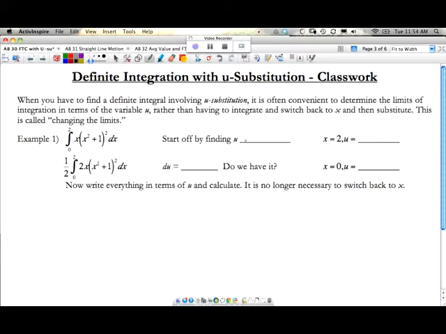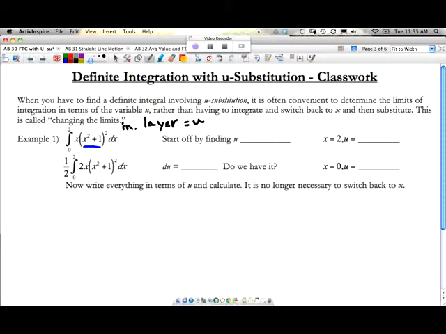So let's see what we have. What is u? Well, when we look at this, we always looked at layers, and the inside layer was our u. If you were to break this down, what's the inside layer? It looks like it's this x squared plus 1. Not too hard.